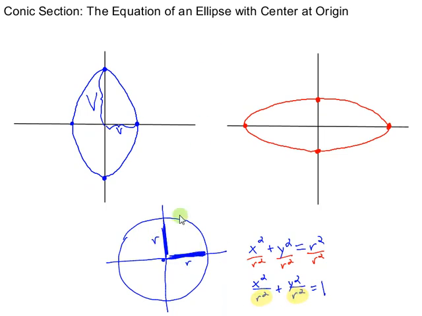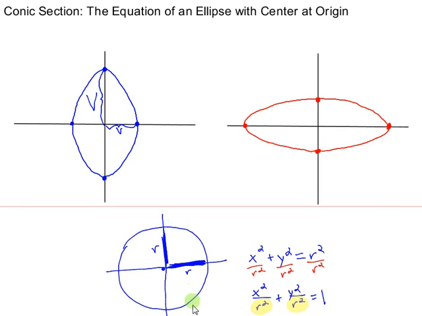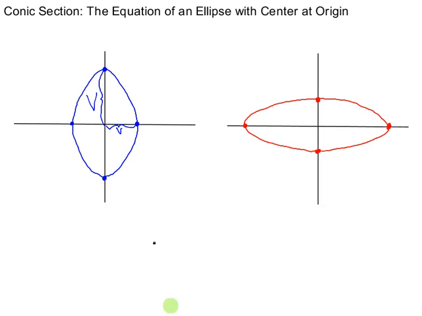So what we end up with is something like this for the equation of this vertical ellipse, because its major axis is vertical. Alright, let's just label it vertical for the interest of time. The equation of this is going to be x squared over some number squared plus y squared over some number squared equals 1.